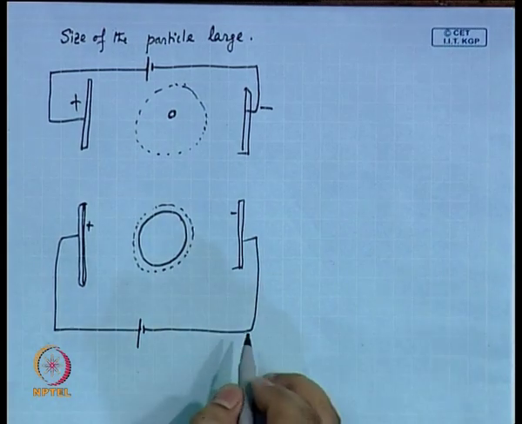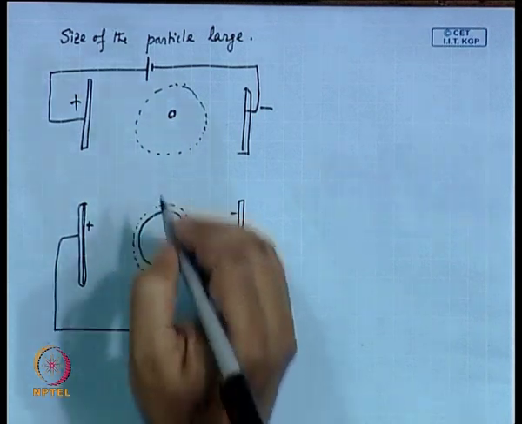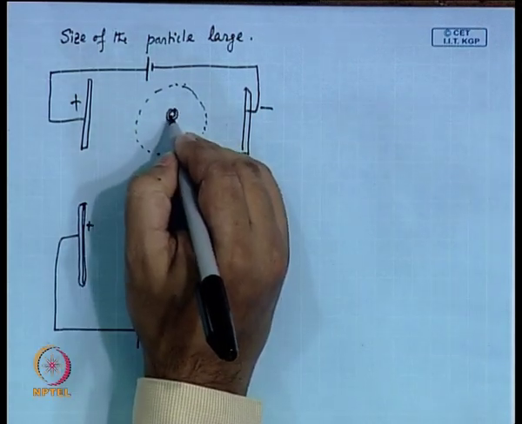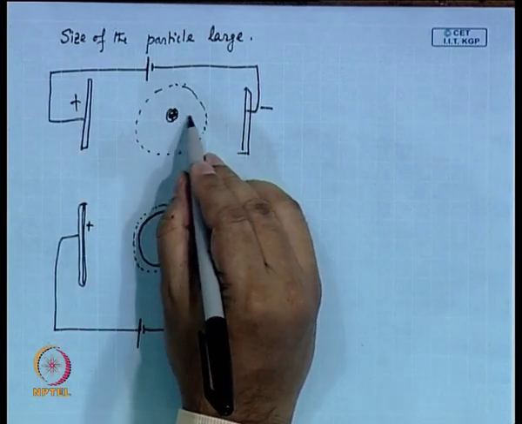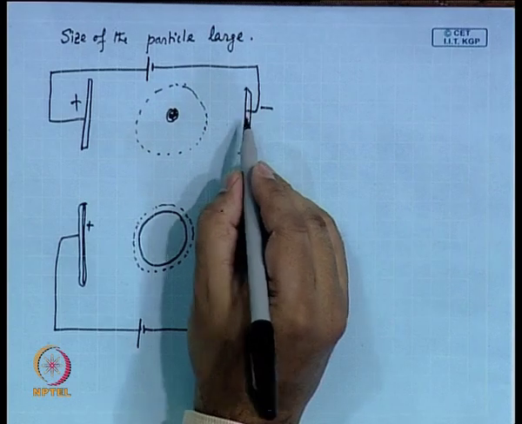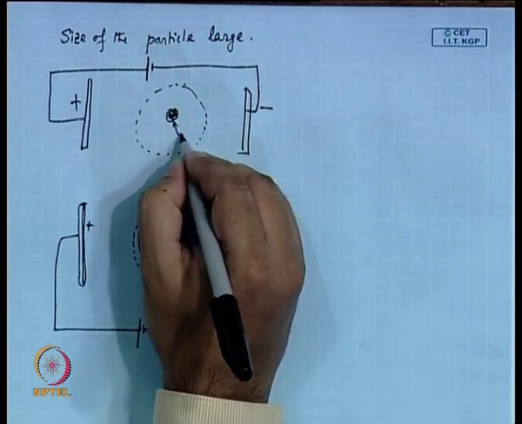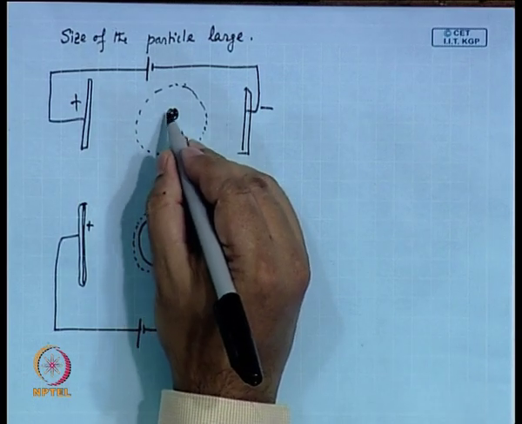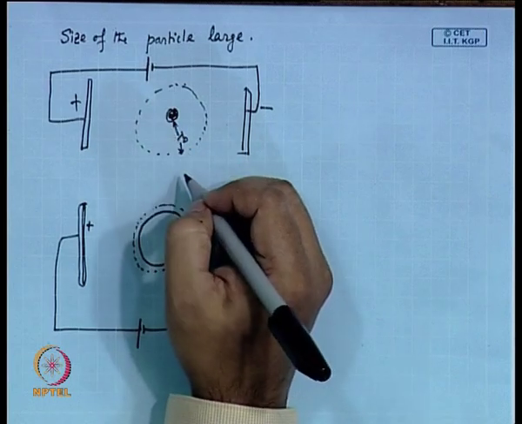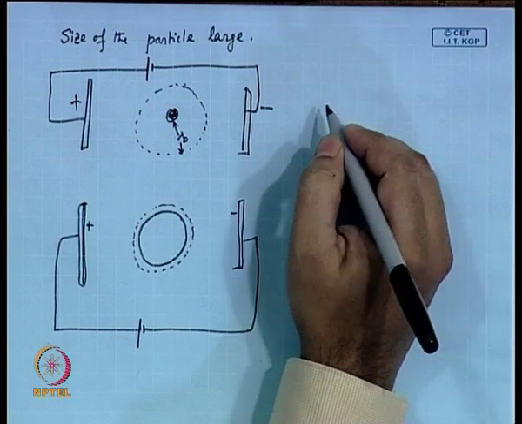Okay. Now, here this charge is, say, plus, and here this charge is plus. So, this would be attracted, moving in this direction. Now, this distance is, I said, the Debye length. So, you look at the radius or diameter of the particle, and that is small compared to lambda d, the Debye length.